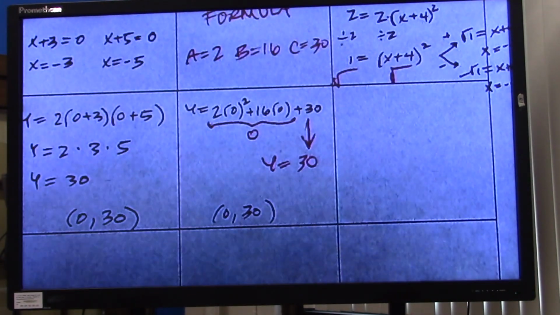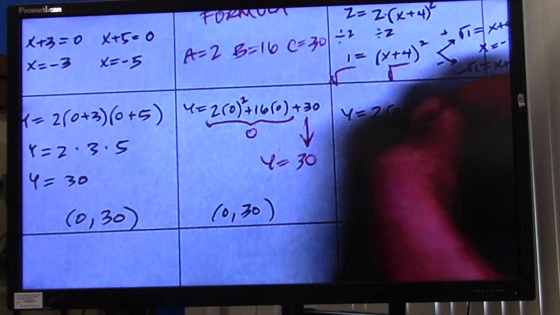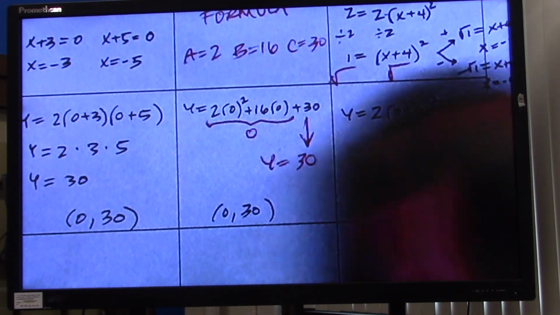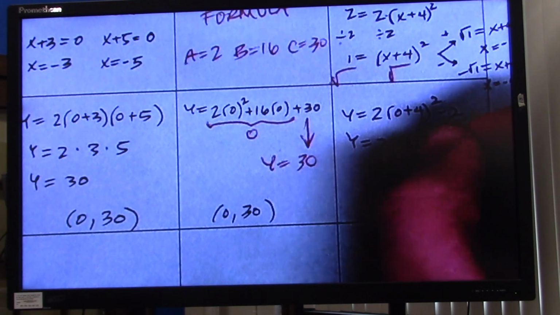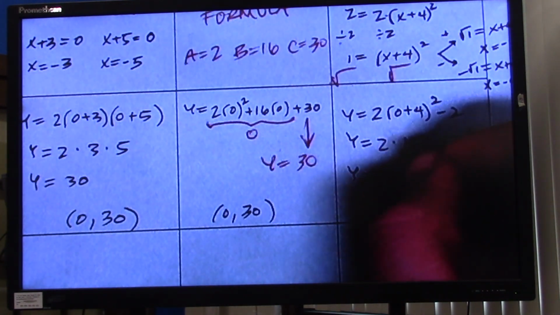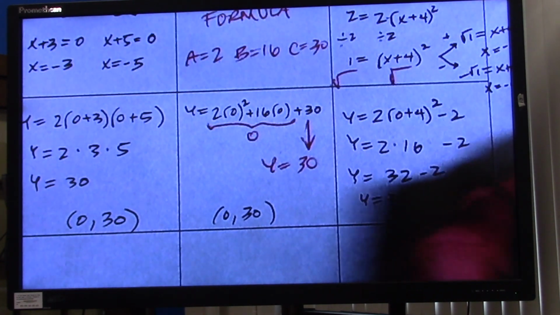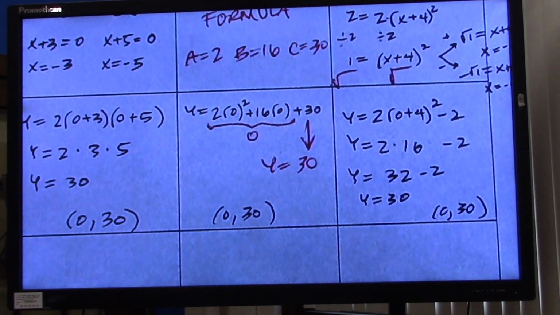And then the final one here, in order of operations, we would square this, and then we would multiply. So we get it from that. Okay, so that's how to find the y-intercept.